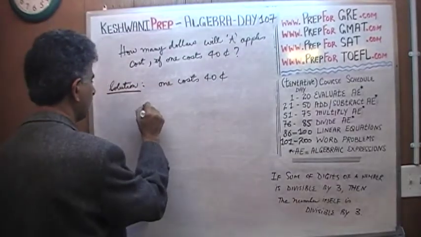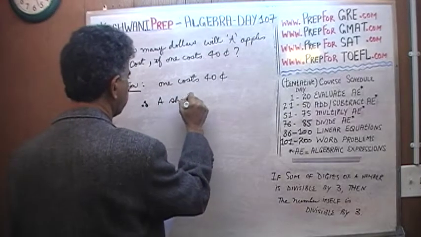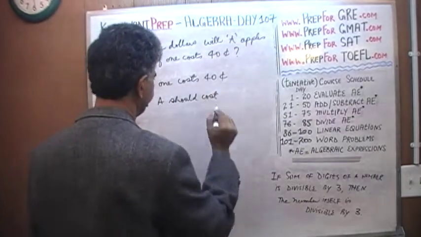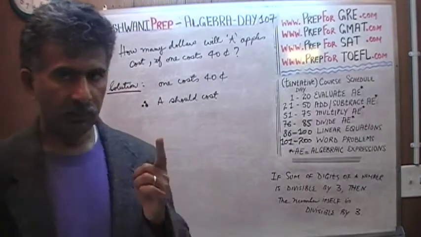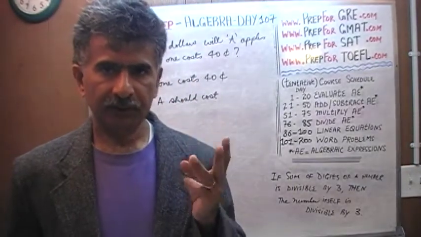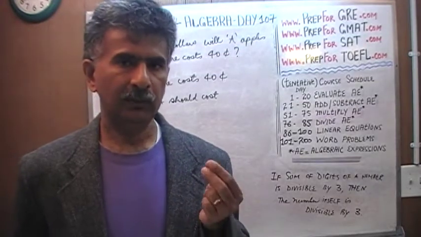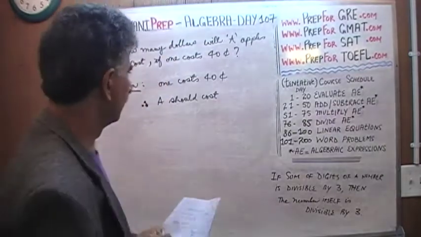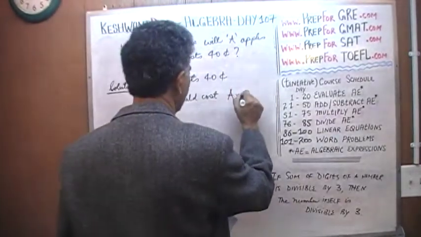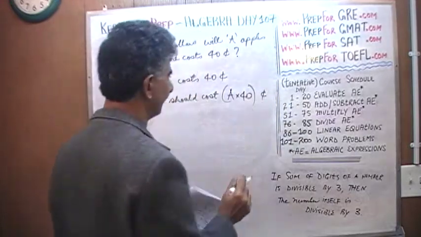Therefore, A should cost, well, if one costs 40 cents, 2 will cost 2 times 40, 3 will cost 3 times 40, 10 will cost 10 times 40, and A will cost A times 40, but keep in mind this is cents. This is how many cents.